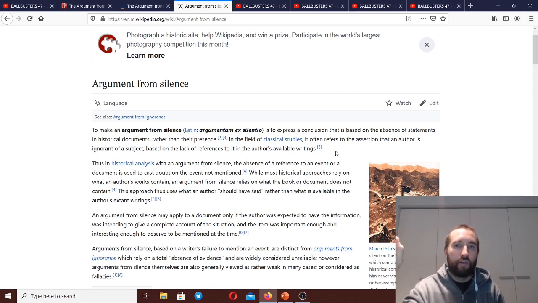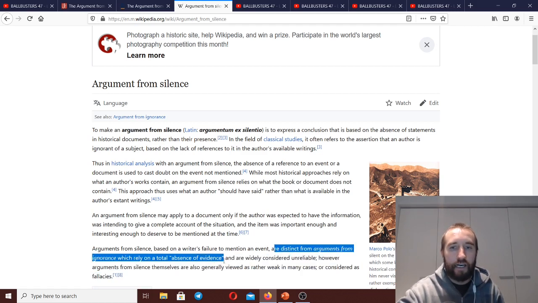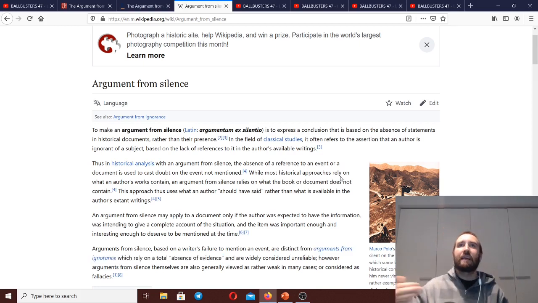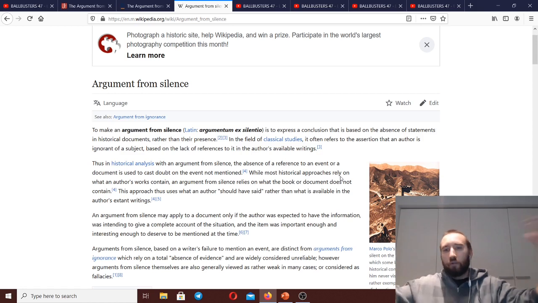So the difference between this and argument from ignorance, which is actually mentioned here, is that argument from ignorance is a total absence of evidence, meaning any kind of evidence: that no one has ever heard of it, no one has ever written about it, no one has ever made any kind of experiments.